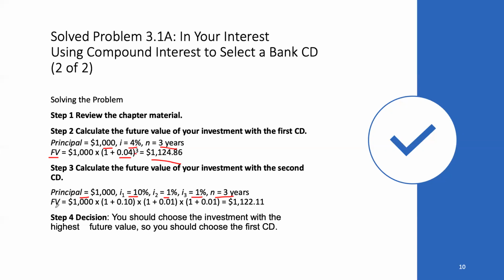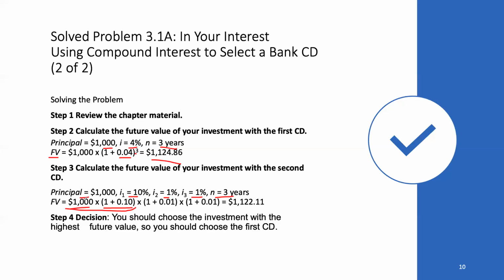So if I look at the future value calculation, I take my $1,000, right? If I look at it logically, first of all, I earn 10% on the $1,000 at the end of the first year. So this is what I will have in my account at the end of the first year.